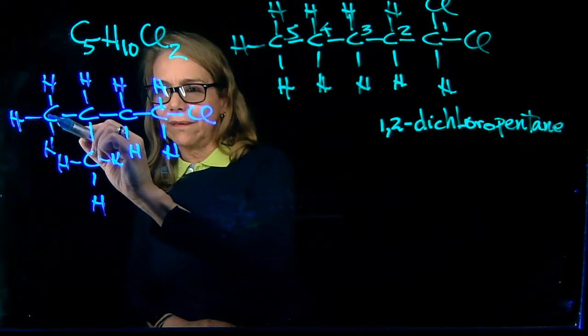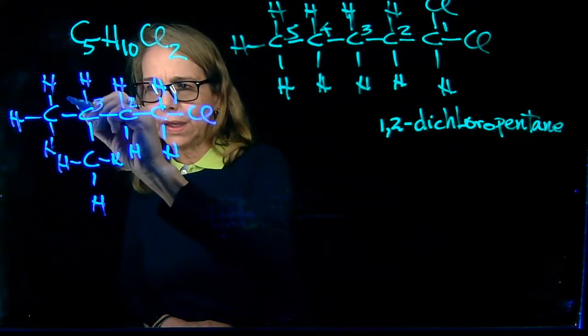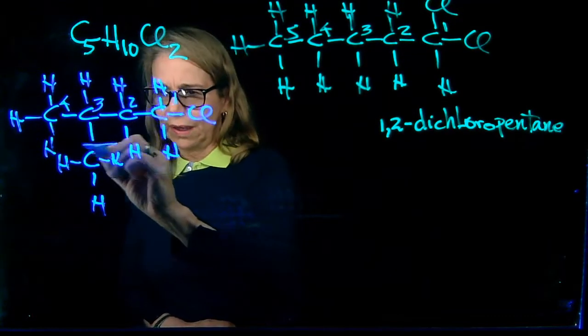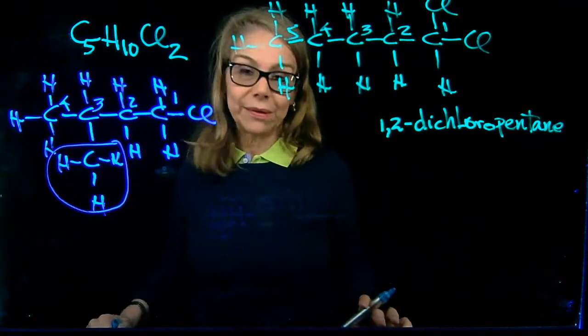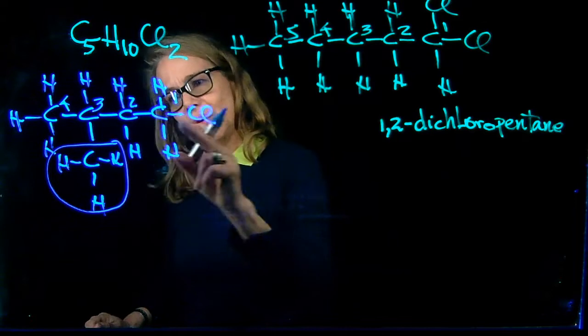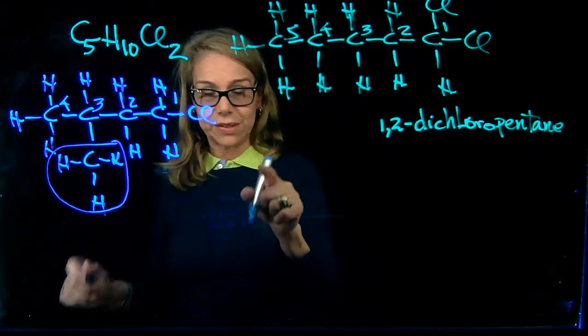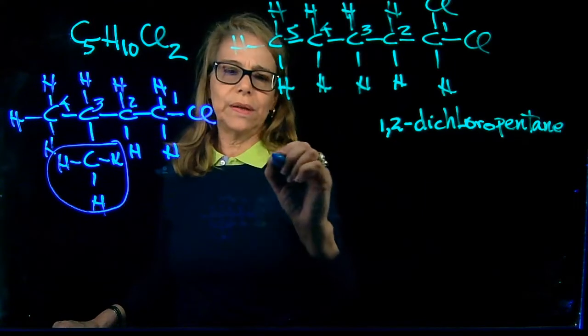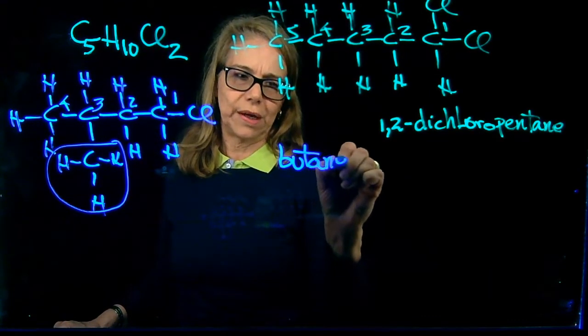Notice that on the line here, I have 1, 2, 3, and 4. And now I have this attached to, say, the parent chain, the longest chain. So that one is a totally different compound because the atoms are connected a different way. This one, the parent chain is called butane.